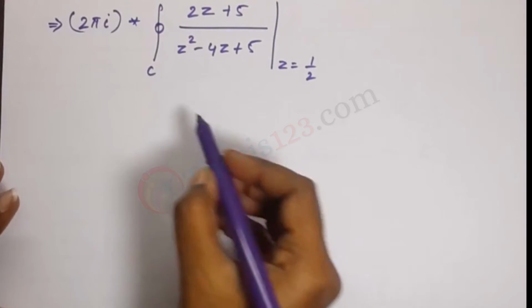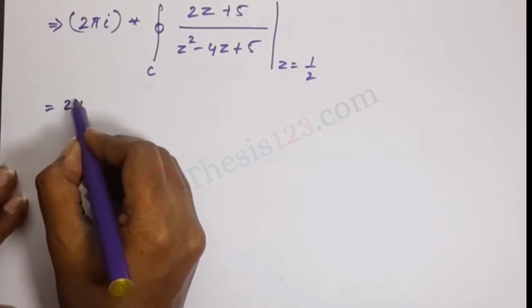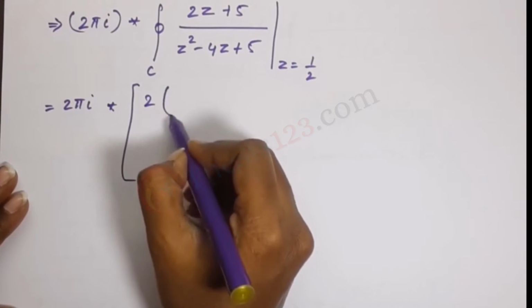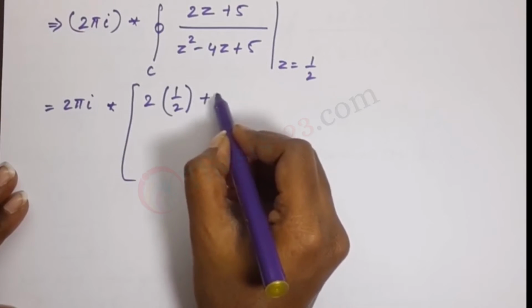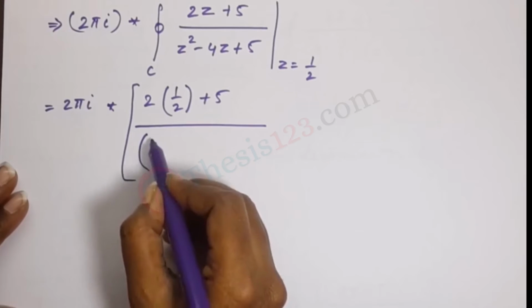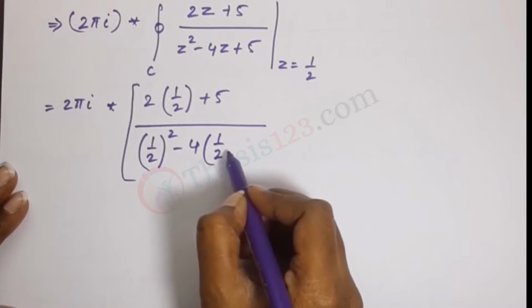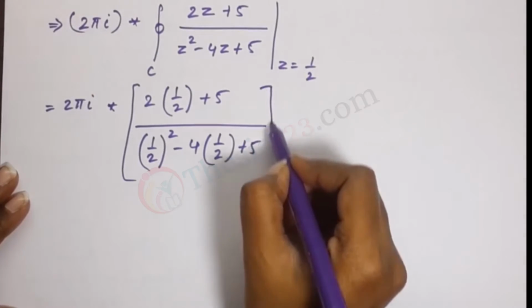Okay, so let's substitute and see what we get. We get 2 pi i times 2 into 1 by 2 plus 5 divided by 1 by 2 square minus 4 times 1 by 2 plus 5.